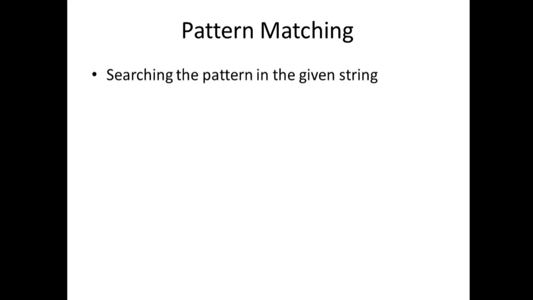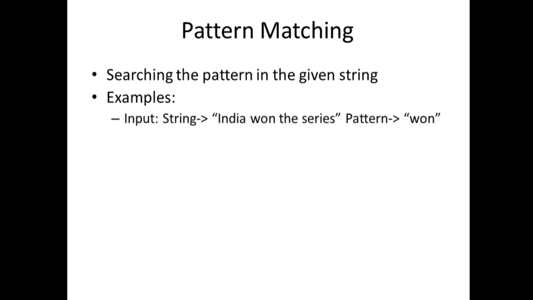Let me give one example. Suppose there is a string, that is our input: "India won the series". That is our string, and the pattern which we want to search is "won". You have to find whether "won" is present in the given string or not, and it is present at index 6.